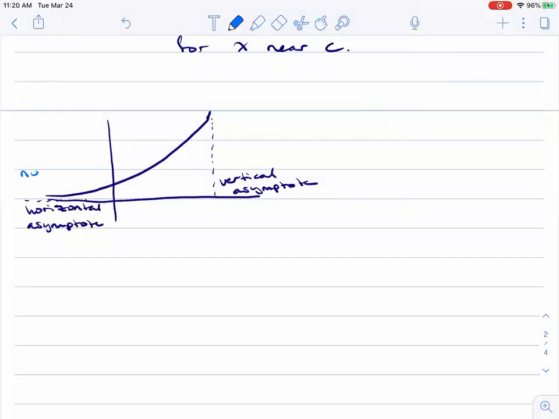Here, there's no absolute min because it just keeps going and going, approaching the asymptote. And here, there's no absolute max because it's just running along that vertical asymptote.